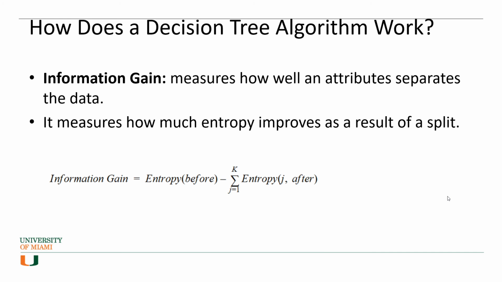Okay, the second concept that is very closely related to entropy is information gain, and it is a statistical measure for calculating how well an attribute separates the data, right? It basically is the difference between the entropy after you have done a split based on a feature versus the entropy in the dataset before you have done the split.